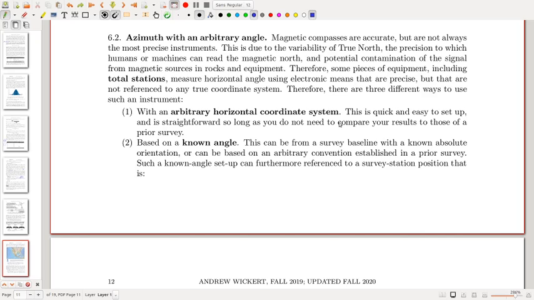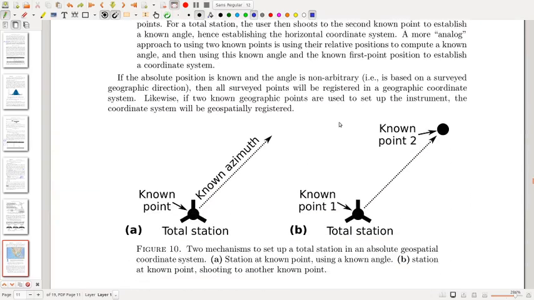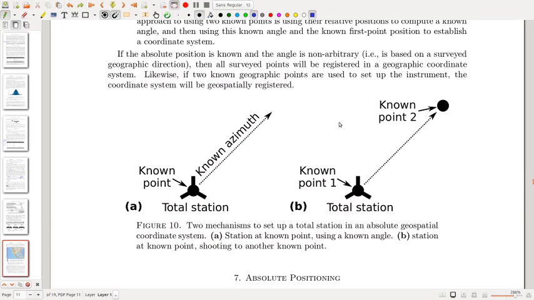And so instead, we can often think about using an arbitrary horizontal coordinate system or something that's based on a known angle, so you're actually zeroing in your survey to a baseline of a couple of points. I'm just going to pop down here to these figures to show this to you because I don't need to read the whole document for you. But imagine if you have a known point and you have this known azimuth, you can actually shoot this in.